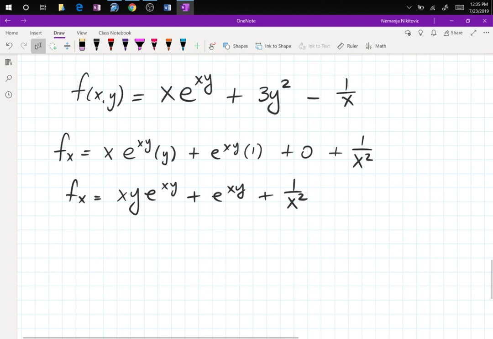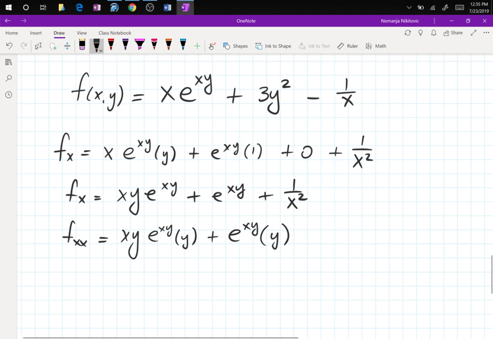Now you want to find the second derivative in respect to x. So that's xx. The first one signifies the problem you already did, right? So now you're just working on the extra partial derivative. So now you have to take another partial derivative in respect to x. Well, the first one is still product rule. The second one and the third one are not product rules. So we copy the first, which is xy, times the derivative of the second, e to the xy times y, plus e to the xy, copy the second, times the derivative of the first.